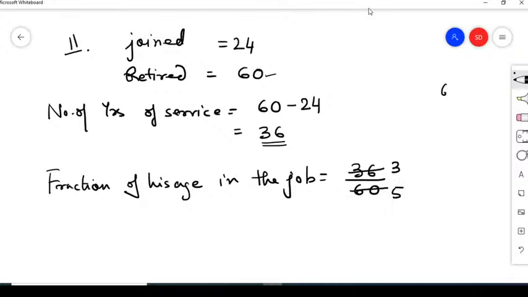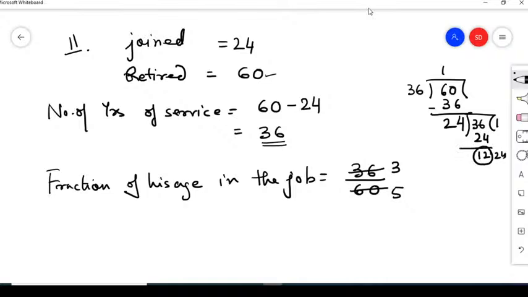You could also find the HCF of both the numbers. 36 ones are 36, 36 twos are 72, so that will not work. So we have a 36 here and we have a 24 here. 36 minus 24 is 12 and 24. So the 12 will be your HCF. So we divide both the numerator and denominator by 12 and 3 by 5 is your answer. So 3/5 of his age he has been in the job.